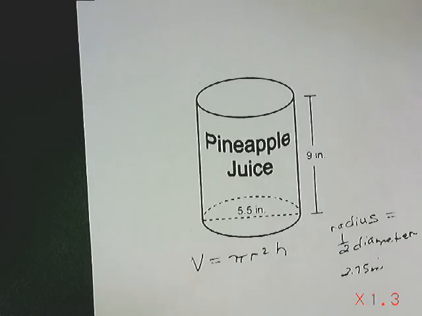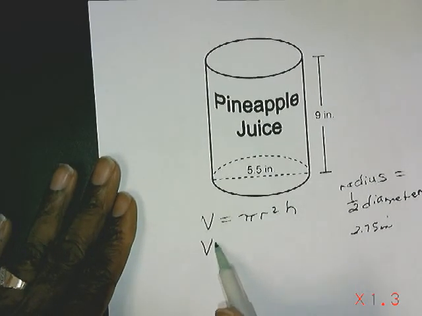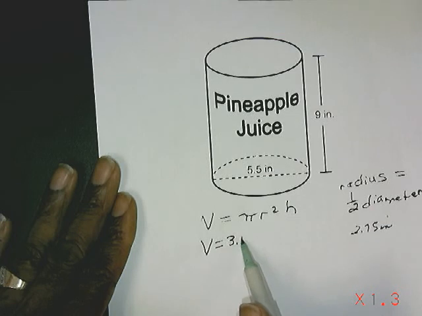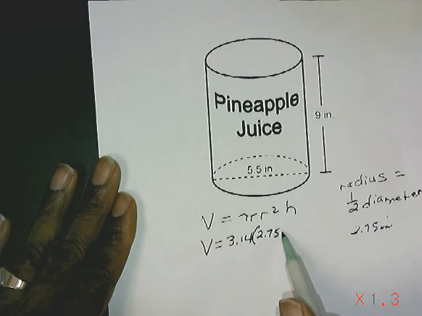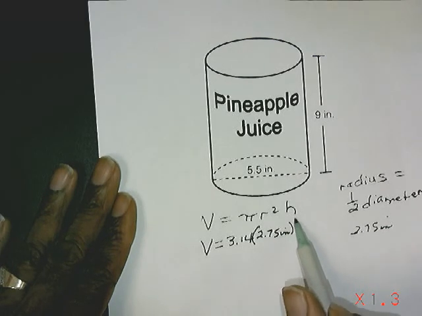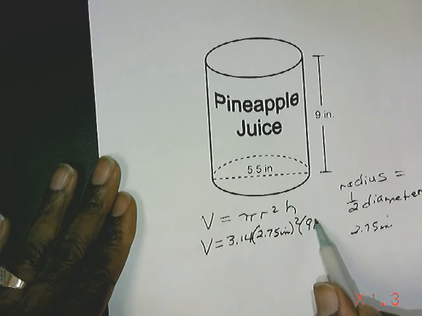inches. Now I'm ready to substitute the values into the formula. V is equal to 3.14 times the radius, 2.75 inches squared, times the height, which is 9 inches.